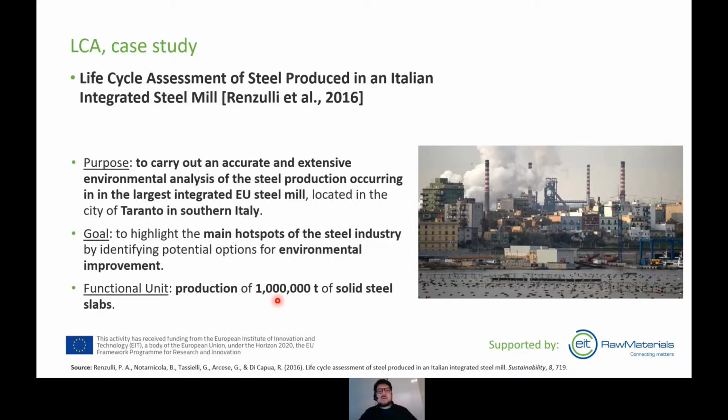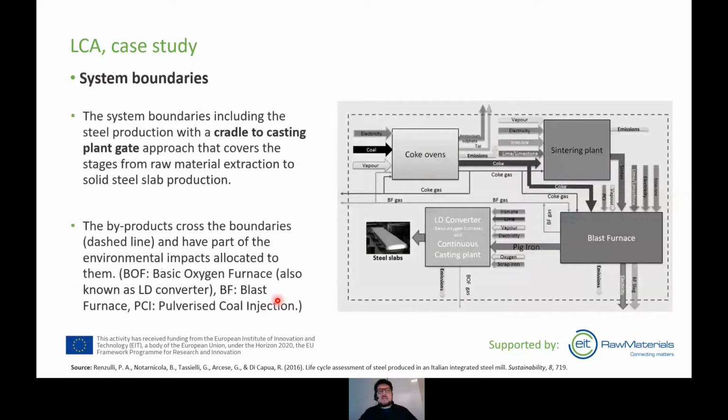In terms of system boundaries, they delimited only the manufacturing of this material. They considered 4 main steps: the coke oven, the sintering plant, the blast furnace, and the final production for casting and basic oxygen furnace.